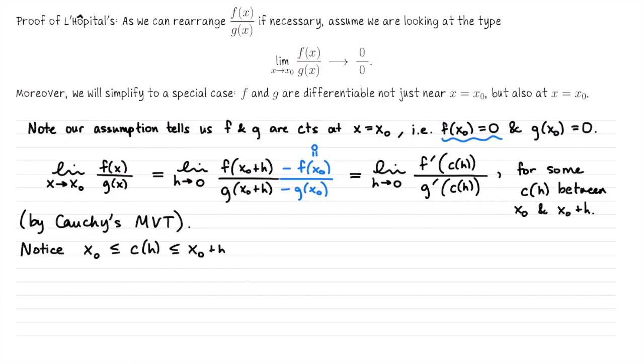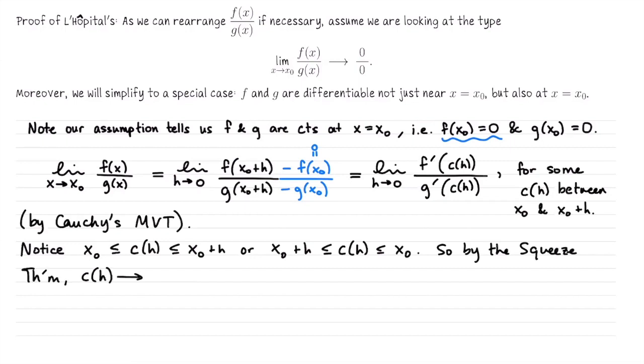That would be approaching from the right. Or x naught plus h is less than or equal to c of h is less than or equal to x naught. That would be h approaching 0 from the left. So by the squeeze theorem, c of h will go to x naught as h goes to 0.